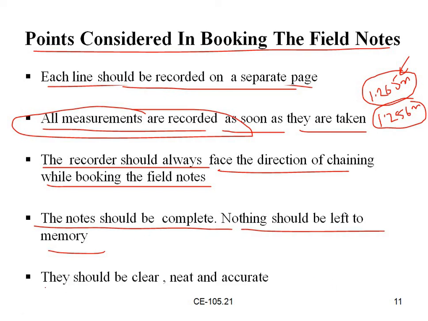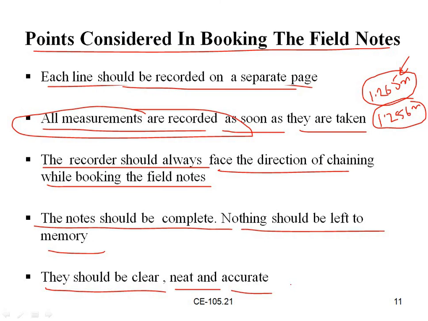And they should be clear, neat and accurate. So this is the main point. When we are writing the field book, the readings should be recorded very neatly. There should not be any cuttings, redrawing or rewriting, so that the calculations will not be disturbed and no one is confused about what the actual readings are.